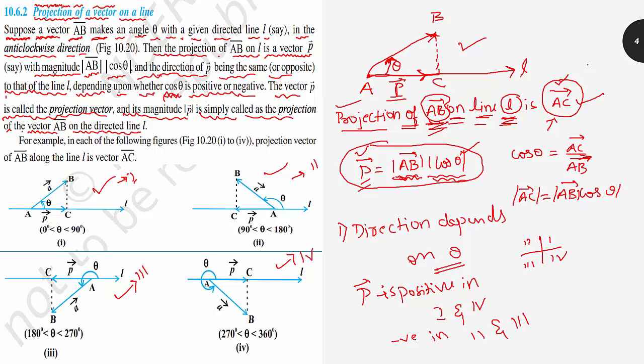So please make a note that projection of AB on line L is mod of AB cos theta.